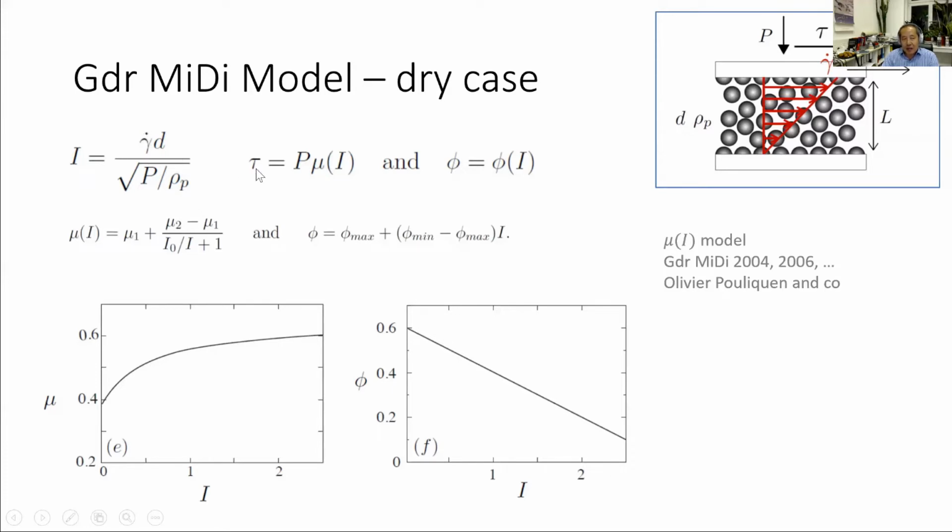It tells you that the shear stress is proportional to the normal pressure, but it is also dependent on the strain rate, right? And later, we have a look at the picture down here and the specific expression; it shows that the friction coefficient increases with the strain rate, or the friction angle increases with the strain rate.